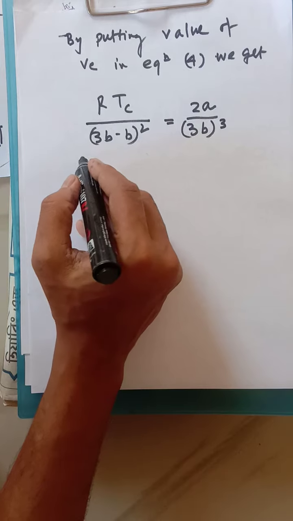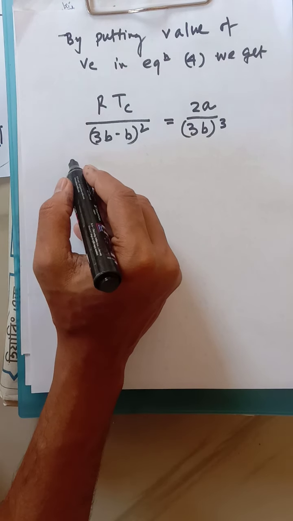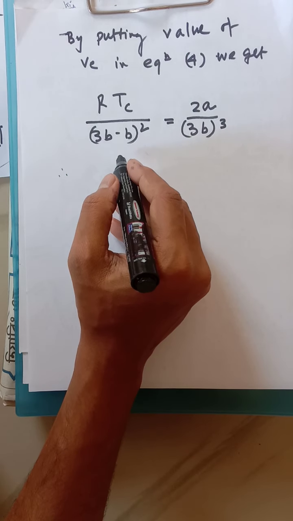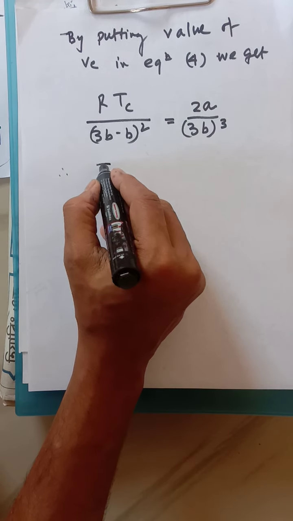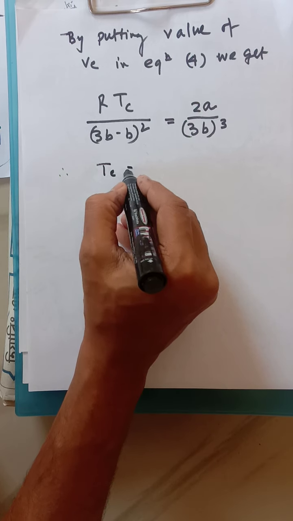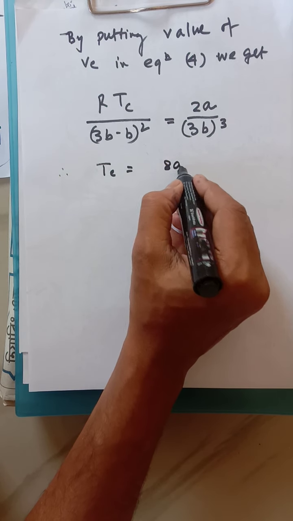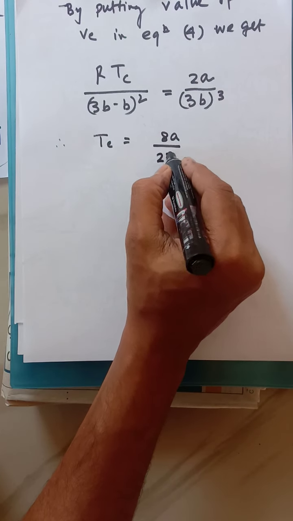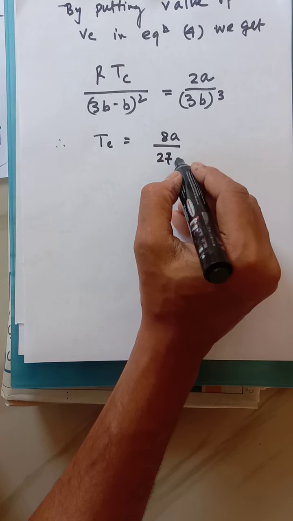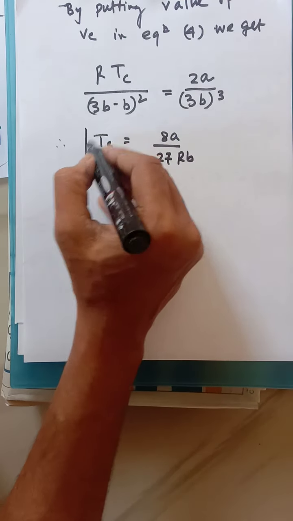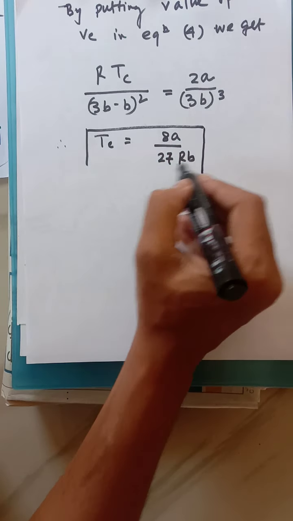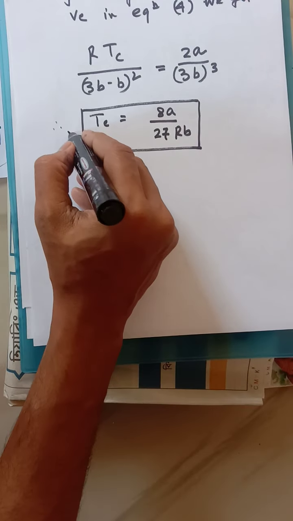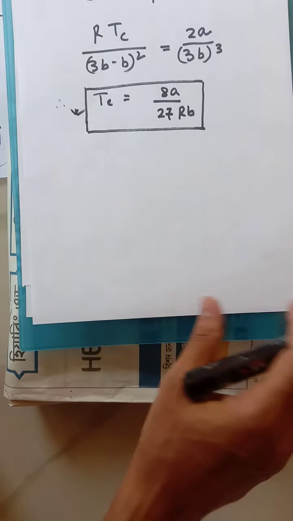So ultimately what will be the result? After simplifying we are getting the value RTC equal to 8A by 27B. I have not done it stepwise. Hope that you can easily solve this one. Simple mathematical operation it is. So this is the second one, that means TC we have got.